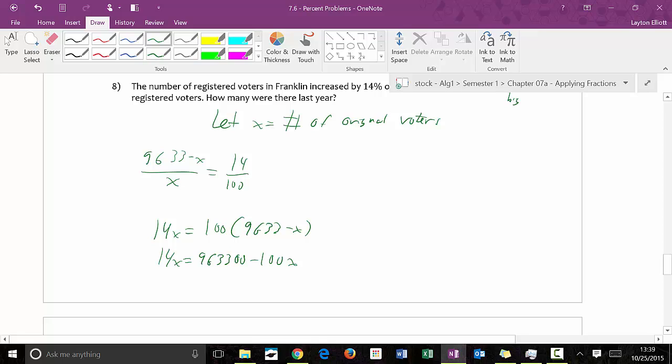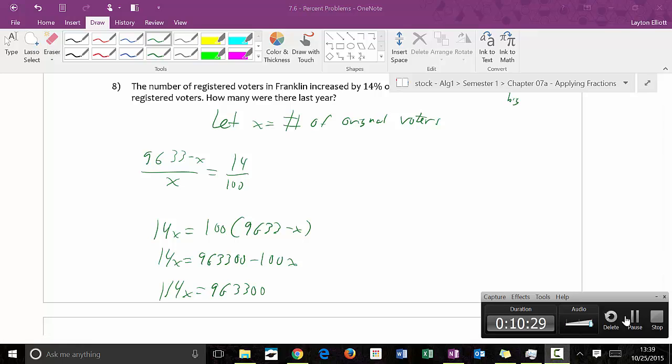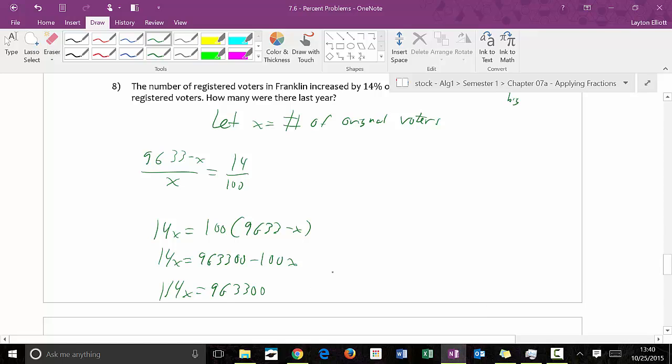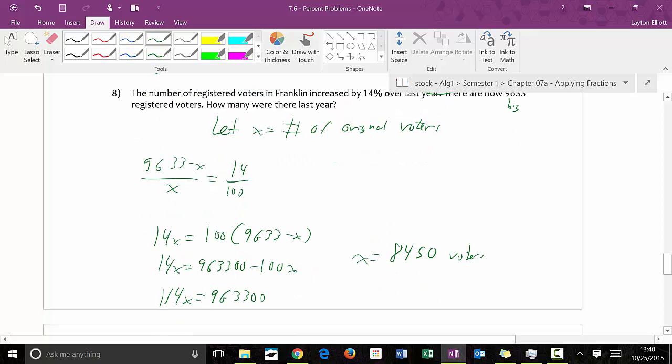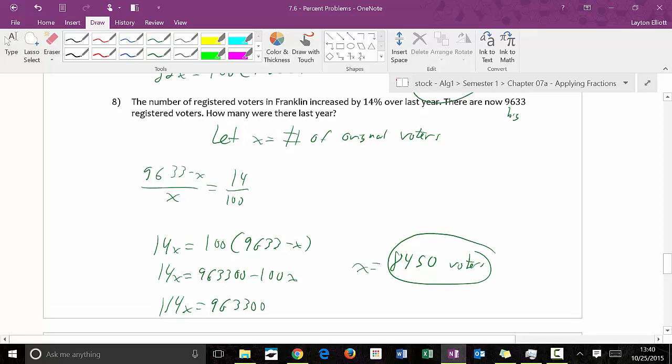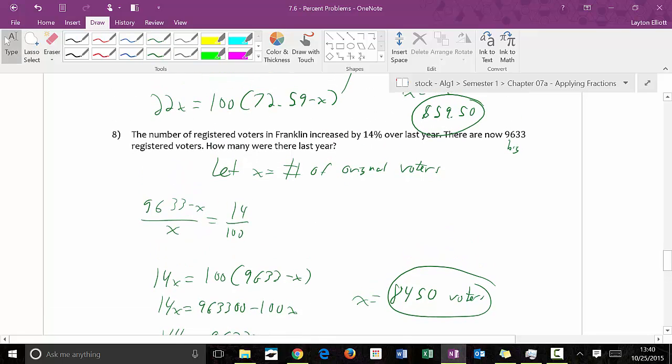Add 100x to both sides. I get 114x is equal to 963,300. And the final number when I divide by 114 is x is 8450 voters. And that makes sense because there should be less than there are now.